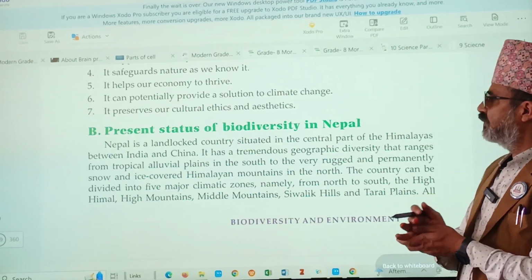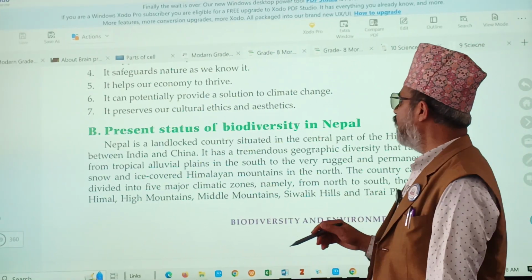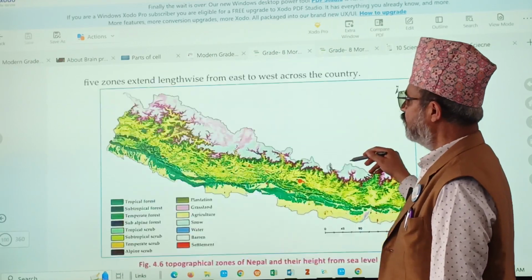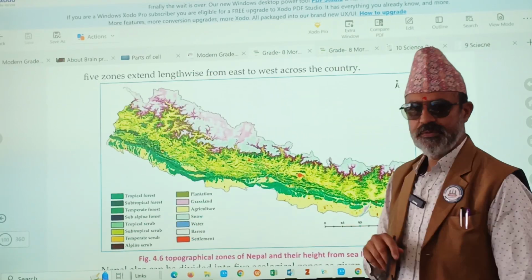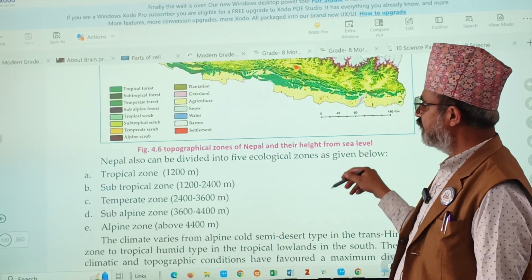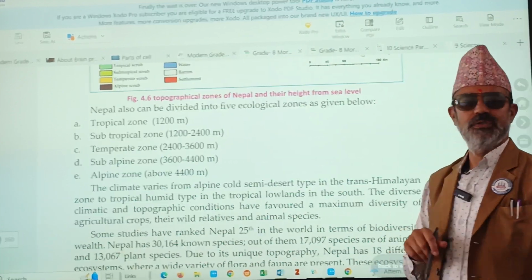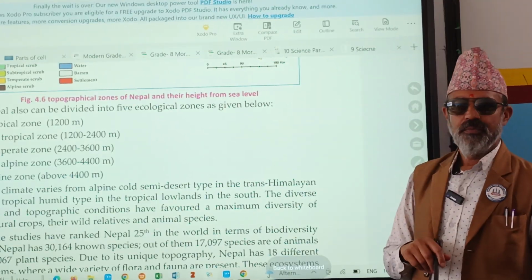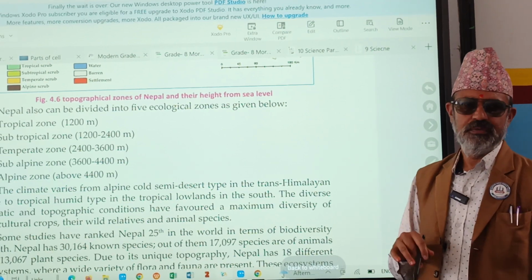And what are we going to discuss today? Present status of biodiversity in Nepal. You can see here the map of Nepal. You will be discussing 5 zones according to altitude.